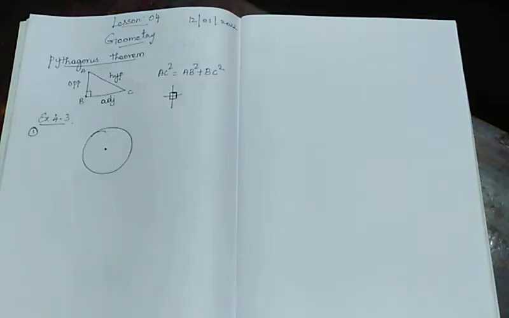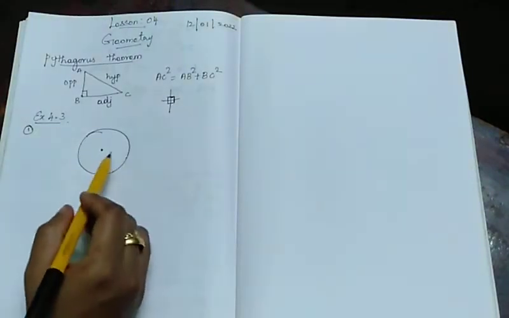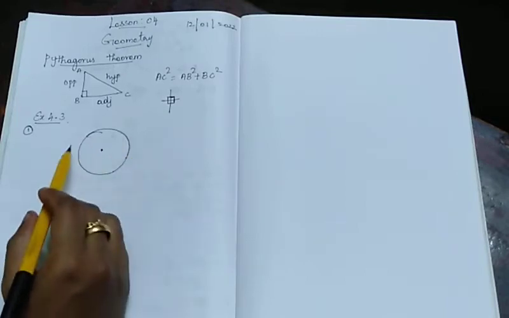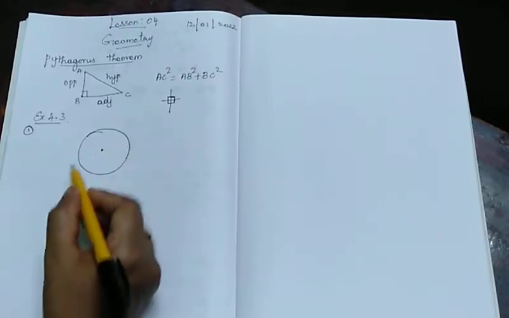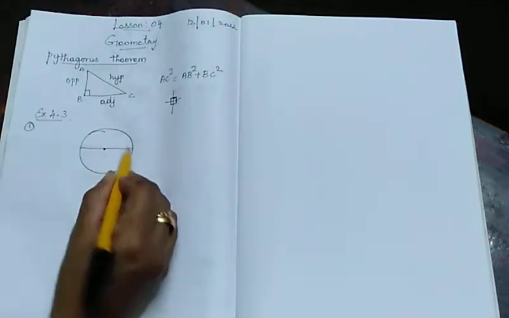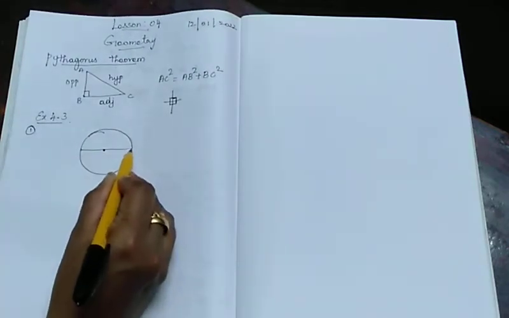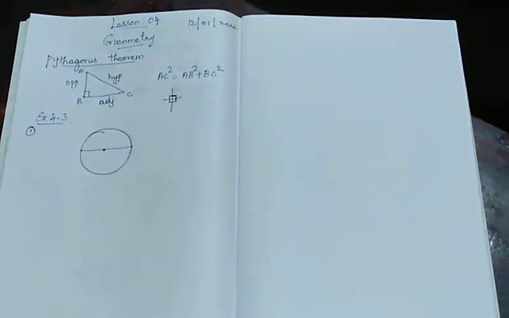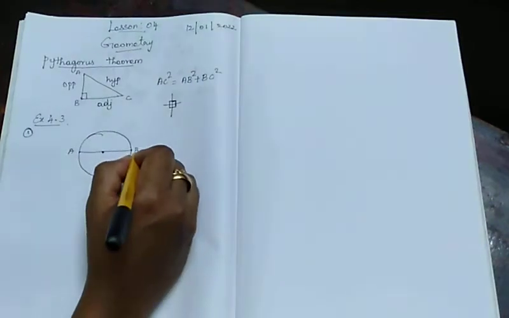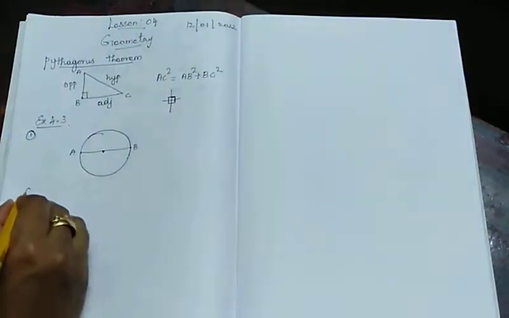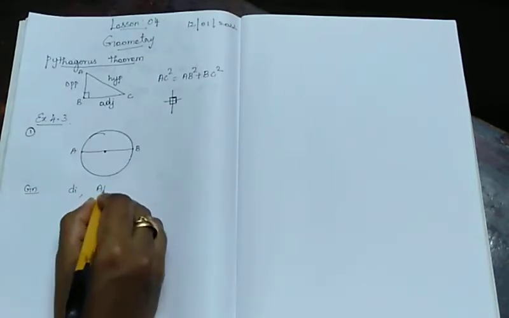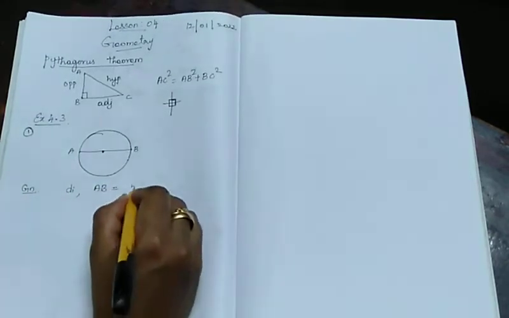A straight line which passes through the fixed point and touches both ends of the boundary is called the diameter. Let it be AB. According to our picture, the given diameter AB is how much?